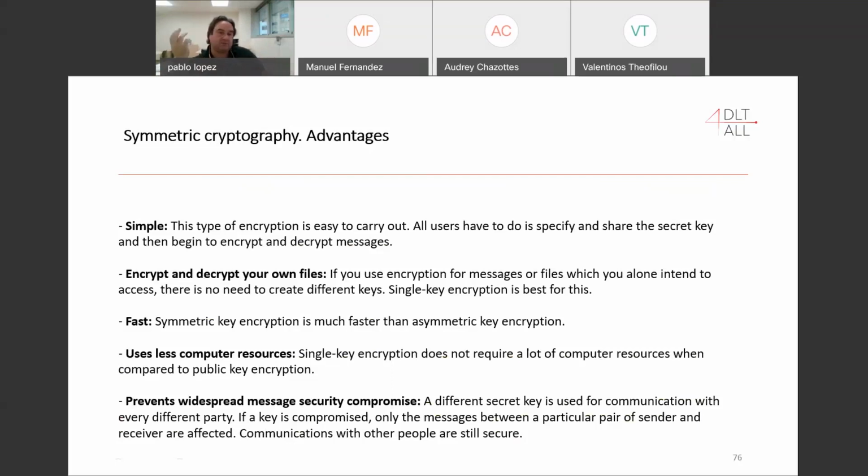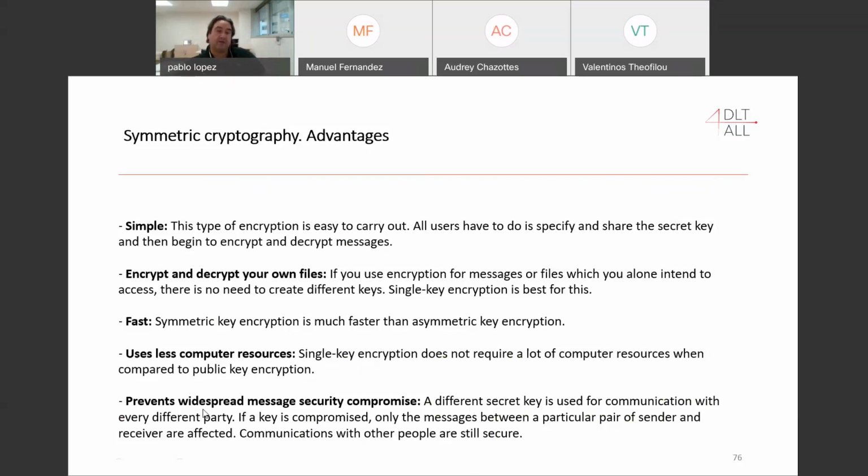It's fast. Symmetric key encryption is much faster than asymmetric key encryption. It uses fewer computer resources. Single key encryption does not require a lot of computer resources when compared to public key encryption, mainly because of the length of the bits that you must discover to decrypt.